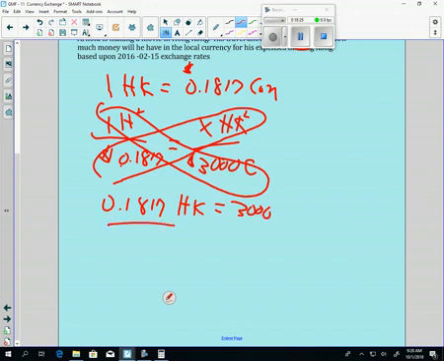And then divide both sides. These cancel out. So my number is going to be 3,000 divided by that.